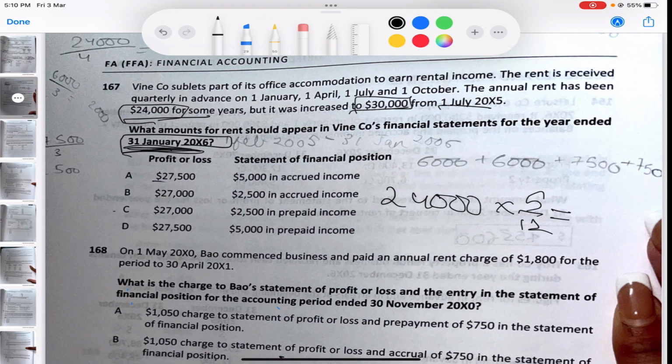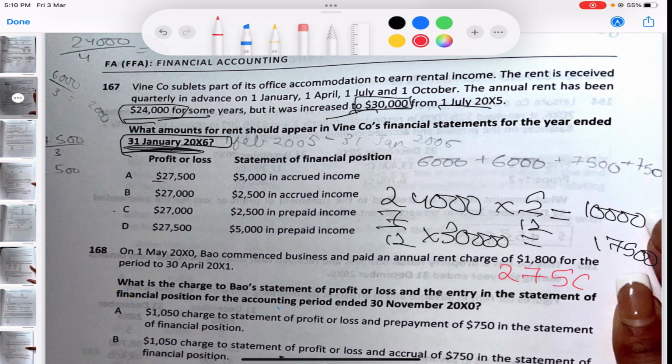That would give me 10,000, and then the rest of the months would be on 30,000, right? So my 7 by 12, 30,000, is going to give me 17500. So what is my total which comes to my PNL? That would be the addition of the two, which would give me 27,500.